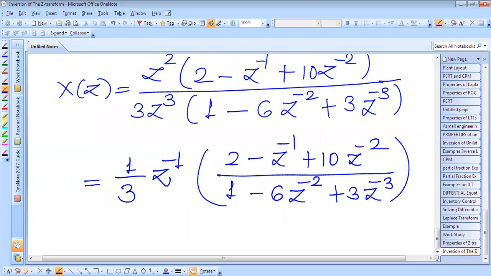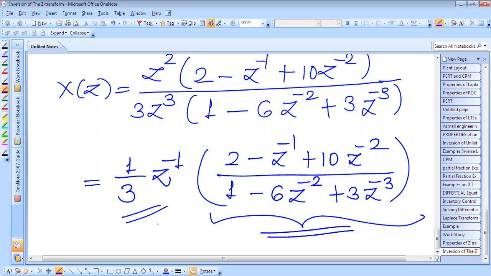So in this way, we can factor z squared from the numerator and 3z cube from the denominator, and therefore we can write like this. The partial fraction expansion is applied to the terms in the parenthesis, and the factor 1 over 3 z raised to power minus 3 is incorporated later using the time shift property.